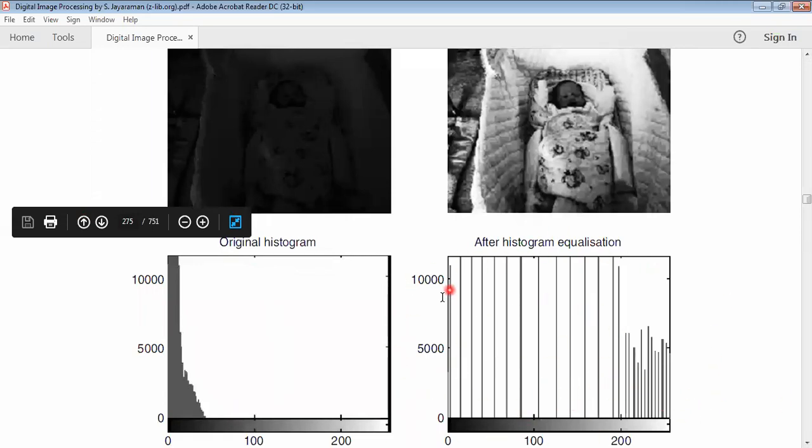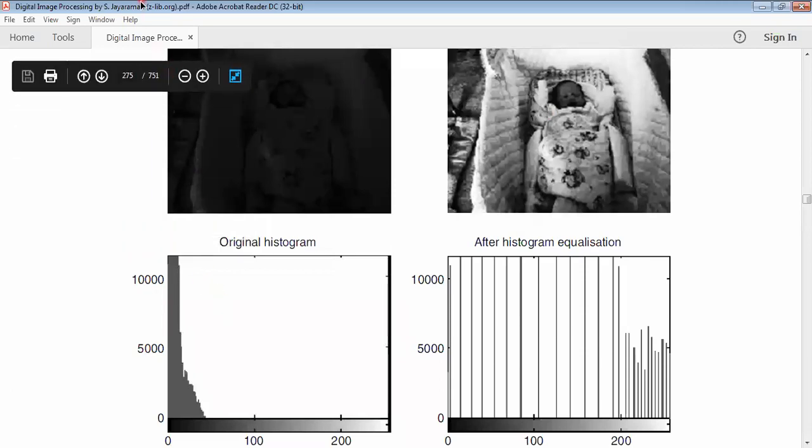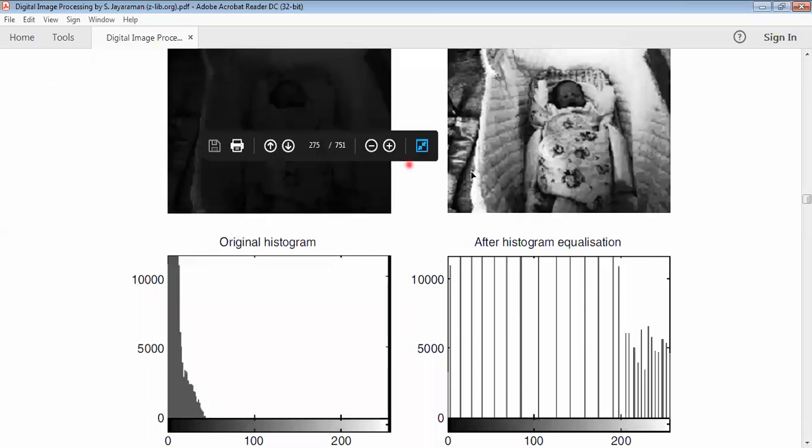Earlier these were concentrated on the dark region. Now how are the pixels here? Equally distributed. So whenever there is improvement, it is nothing but enhancement. If you do some techniques, definitely the hidden information is going to be extracted. Okay? Yes, sir. It is histogram equalization.